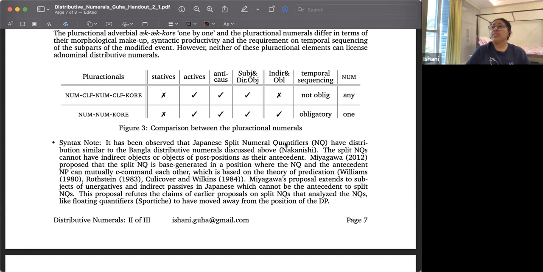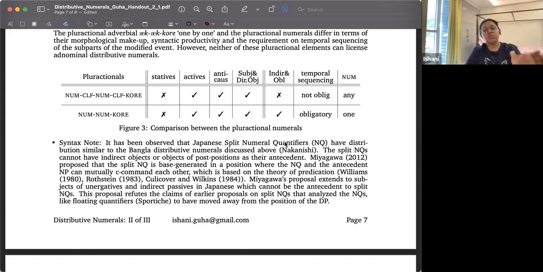So what it led to is that for what we have been calling the adverbial numerals, that is Akjon, Akjon Kore, Dujon, Dujon Kore, that kind of number with the classifier, for Japanese the split numeral quantifiers actually form a sort of modification predication structure with their noun phrase, and whatever sensitivities we are seeing in terms of structures spring from that.